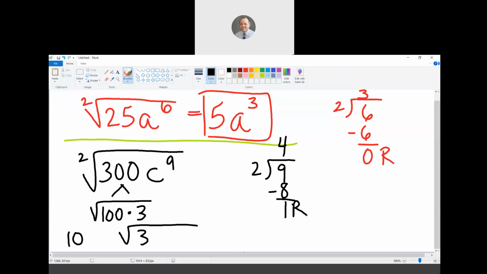So that's c to the fourth power. And the remainder of 1 is the exponent that stays inside the radical, and that's just plain c. And that's as far as we can simplify.